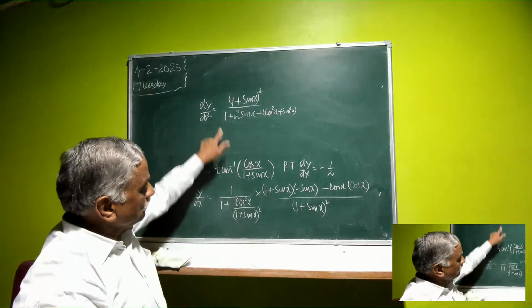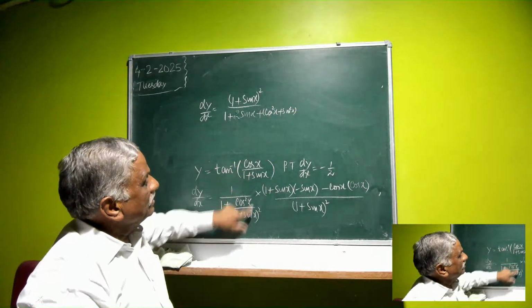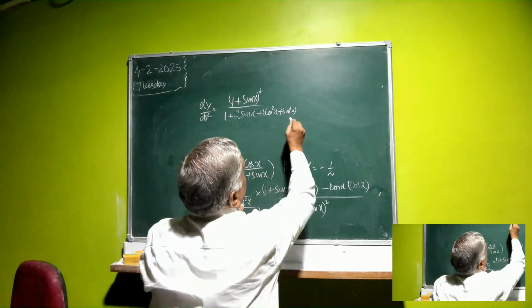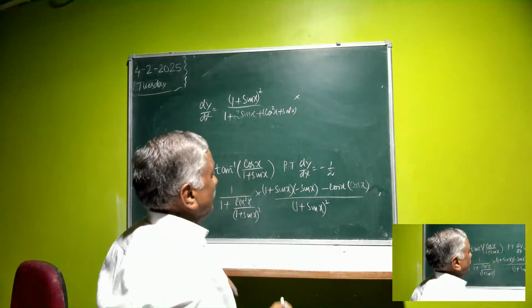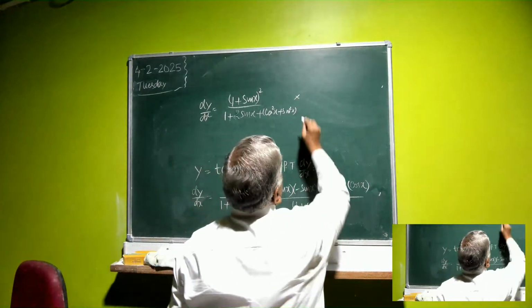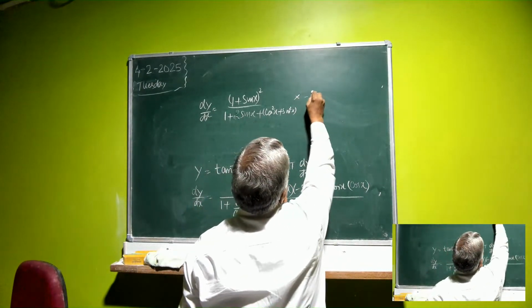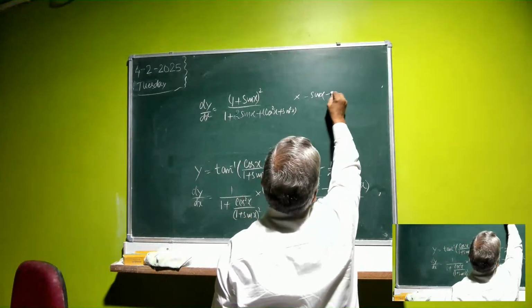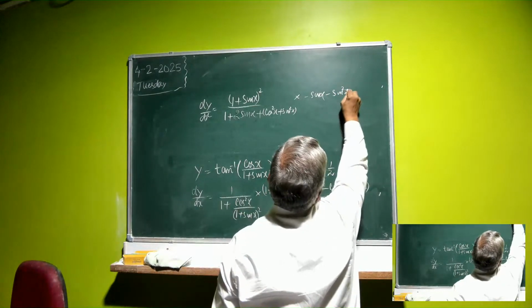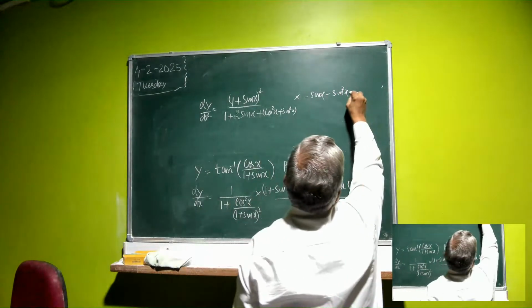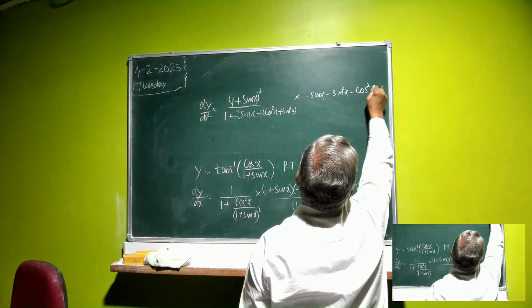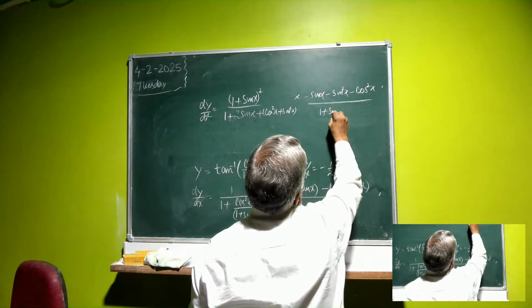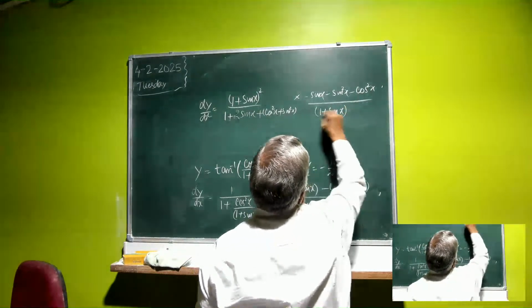A square is 1, 2ab is 2 sin x, and sin square x. The cos square x is there. I'm just putting a bracket so that you can simplify that. Here it is minus sin x minus sin square x minus cos square x over 1 plus sin x whole square.